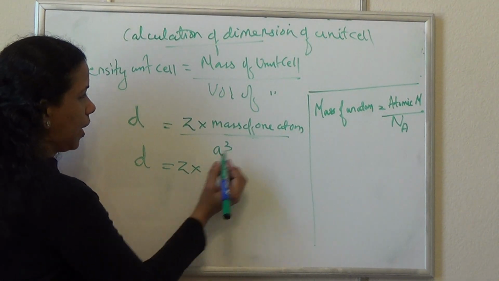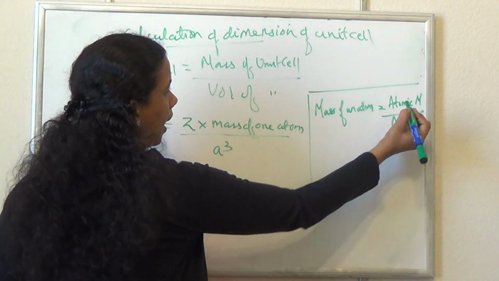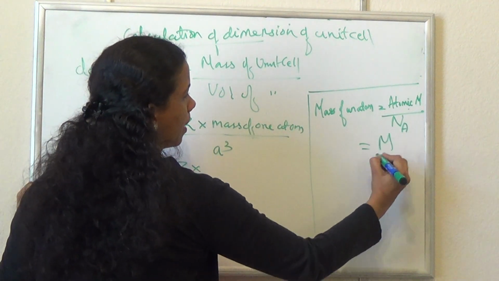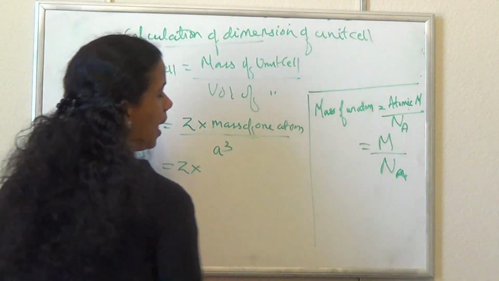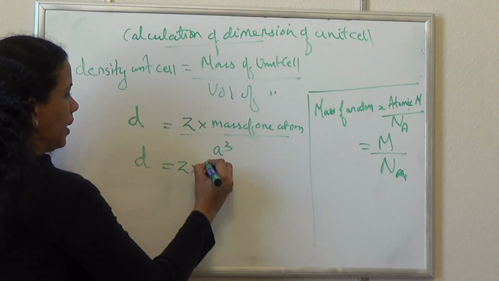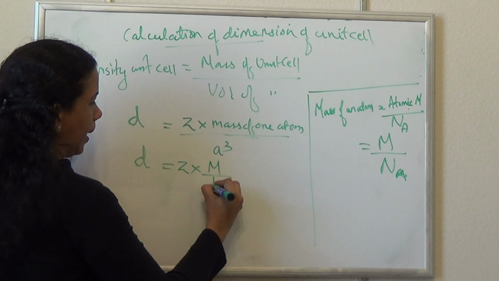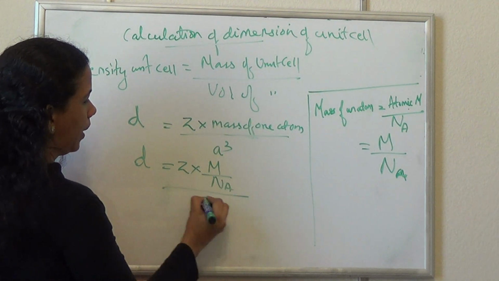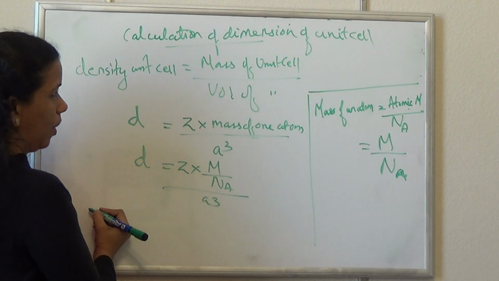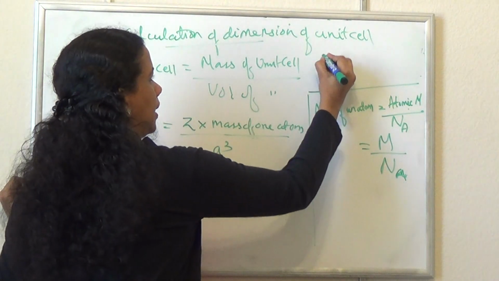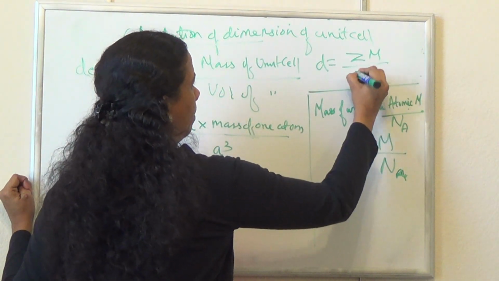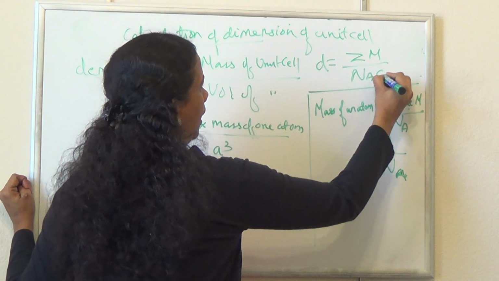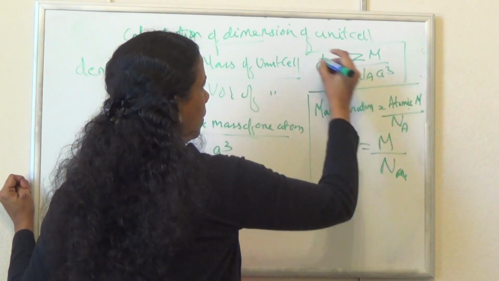Density is equal to Z into mass of one atom, which is atomic mass, represented by capital M, divided by Na, the Avogadro number. Z into M by Na, the whole divided by a cube. Or we can write density is equal to ZM divided by Na into a cube.